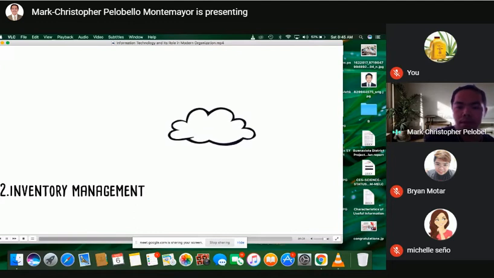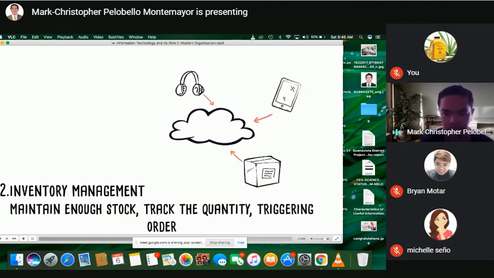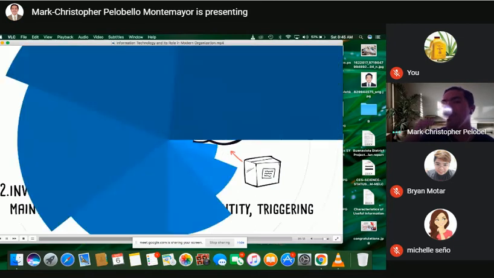Inventory management. When it comes to managing inventory, organizations need to maintain enough stock to meet demand. Inventory management systems track the quantity of each item, triggering orders of additional stock and so on. It can be easily managed by connecting to the point of sale system.